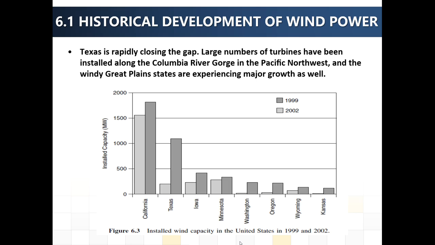They have installed a large number of turbines along the Columbia River Gorge in the Pacific Northwest, and the windy Great Plains states are experiencing major growth as well, such as Minnesota, Iowa, and Oregon.